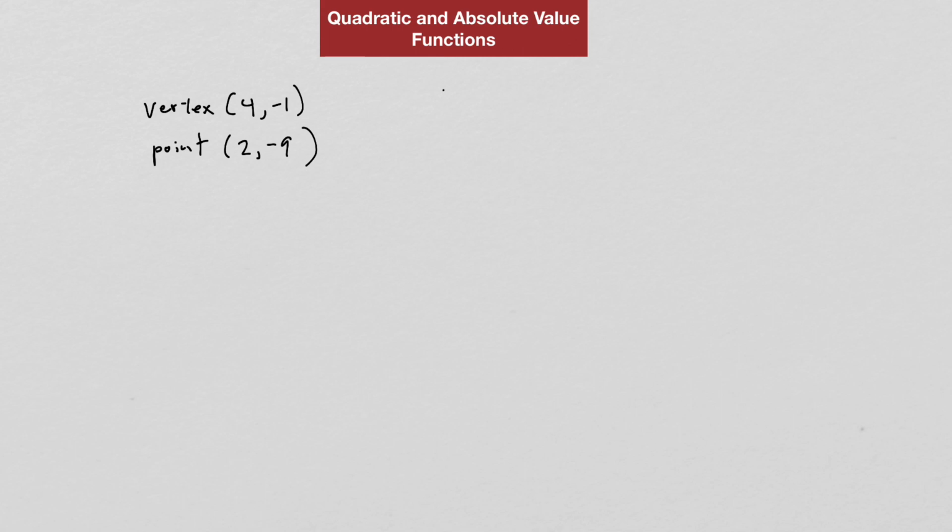And that is y is equal to a times the quantity x minus h squared plus k. We also need to recognize that my vertex 4, -1 is my h, k, and the point 2, -9 contains my x, y.